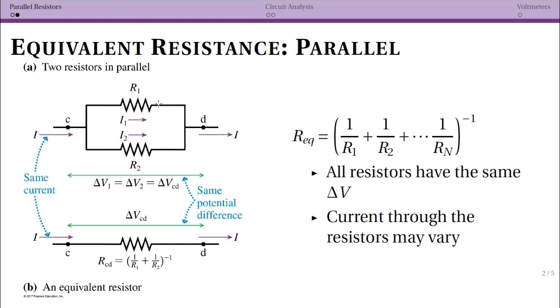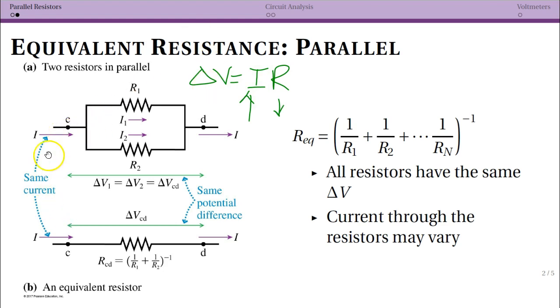The current will be different through them if the resistance is not the same. So keep in mind that the potential difference is the same, and due to Ohm's law, if the resistance is the same, that does mean the current is the same. But from Ohm's law, V equals IR, we know that if delta V is the same for them and I is higher in one, that means your resistance is lower in that one.